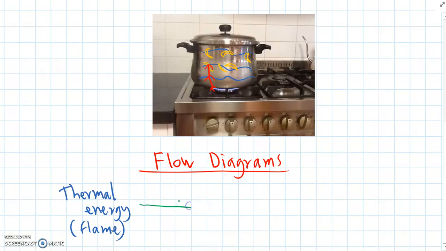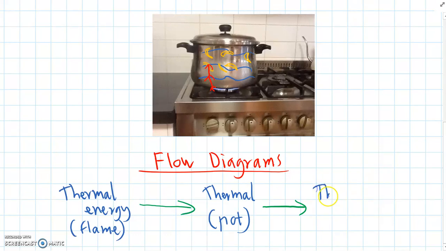And then an arrow shows the energy was transferred, and it went from the flame to still thermal energy, but now of the pot. Then it was transferred again to thermal energy in the water.